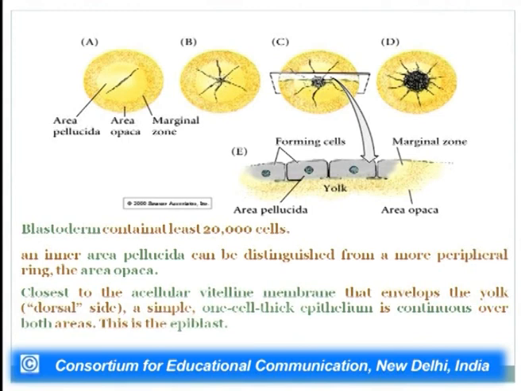Initially there is a blastodisc, and when the cells start dividing, when cleavage starts, it attains the blastoderm stage when it contains around 20,000 cells. In the area pellucida there is a single layer, the epiblast layer, and this epiblast layer covers both the area pellucida and the area opaca.